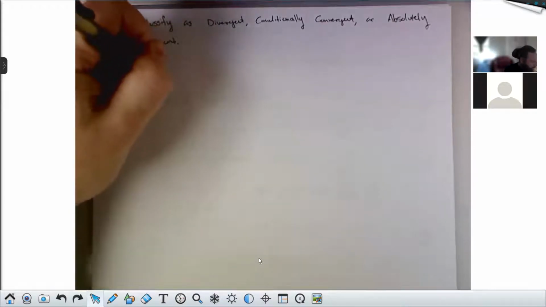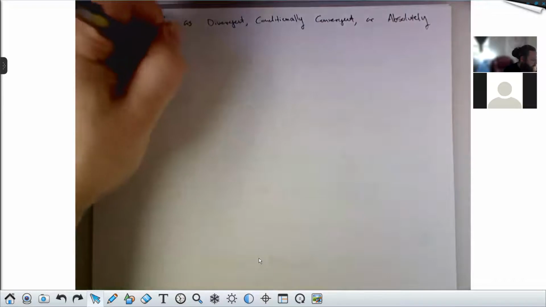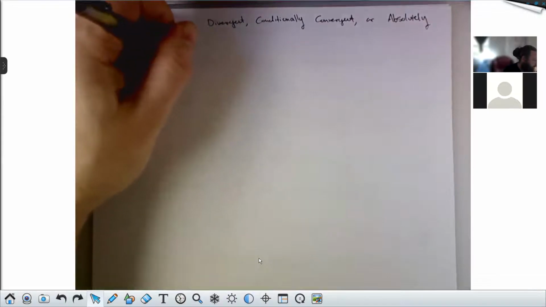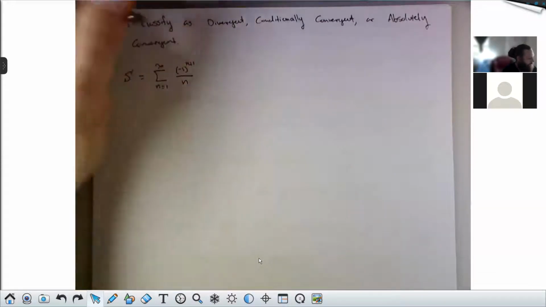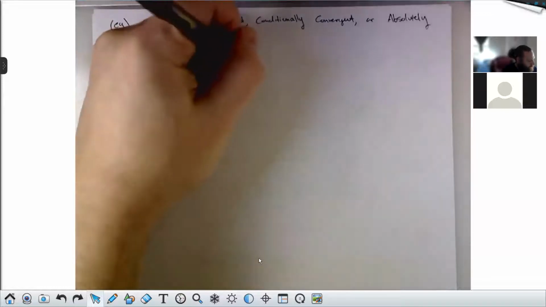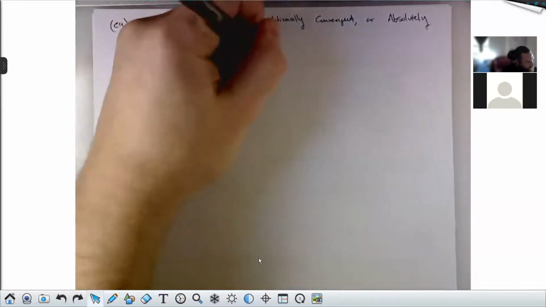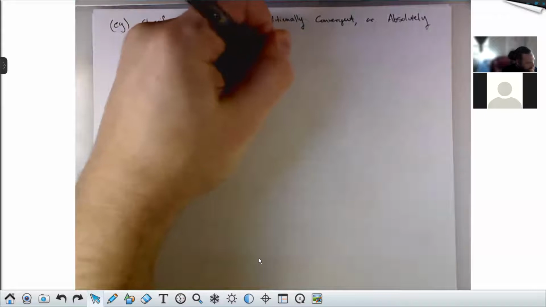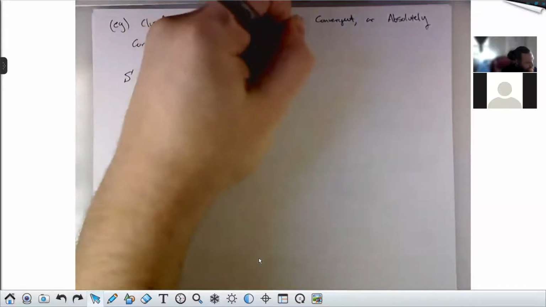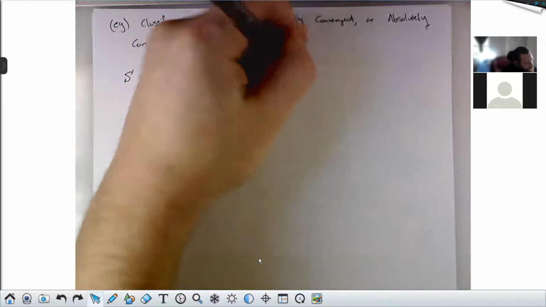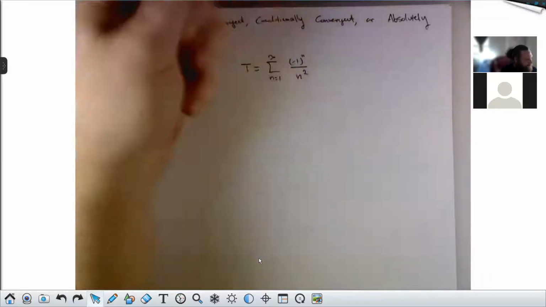We can look at the sum from n equals 1 to infinity of (-1)^(n+1) divided by n. The sum from n equals 1 to infinity of (-1)^n over n squared.